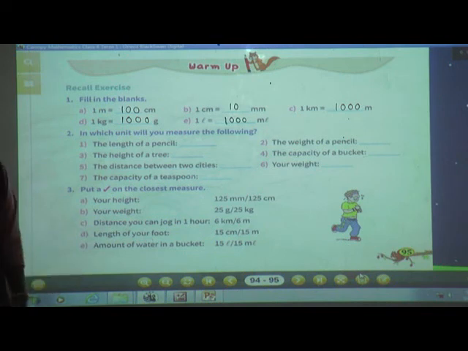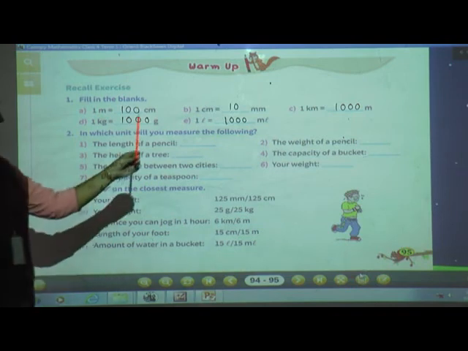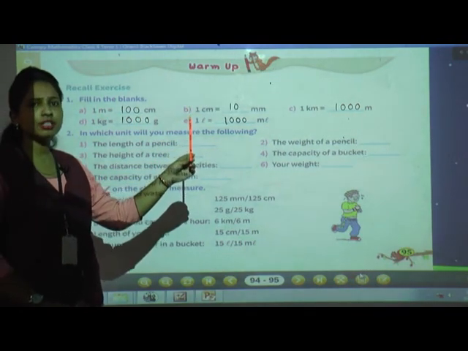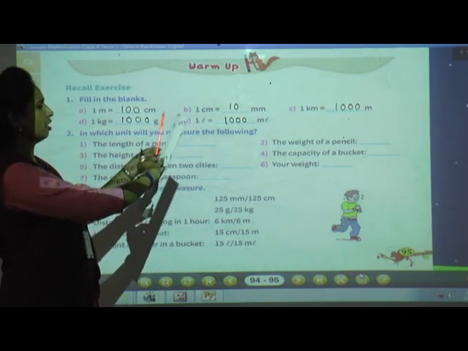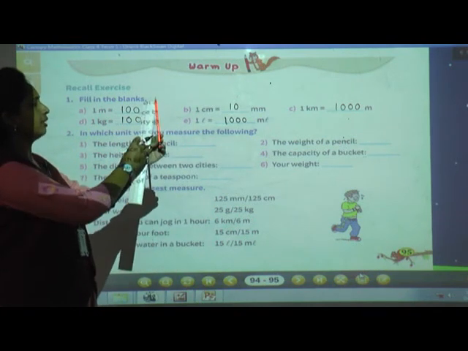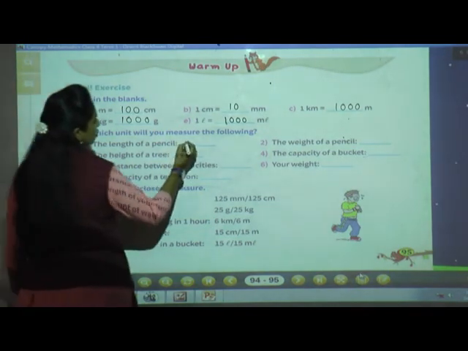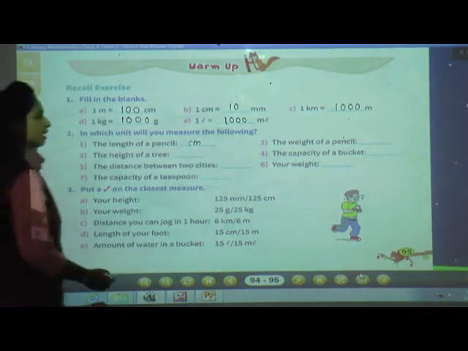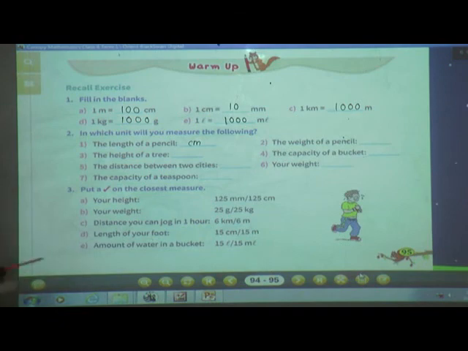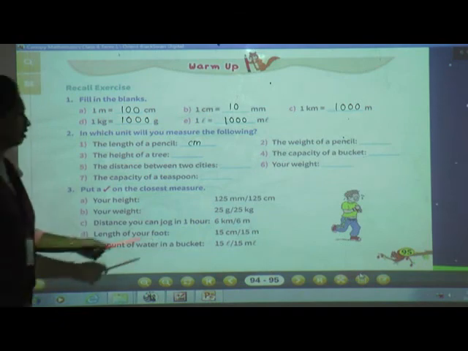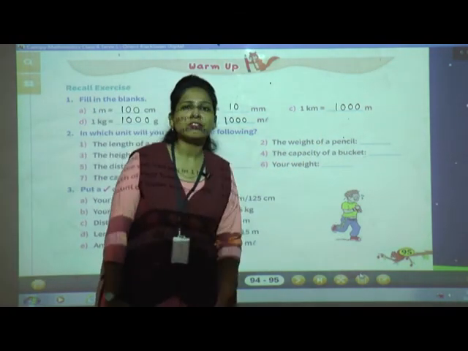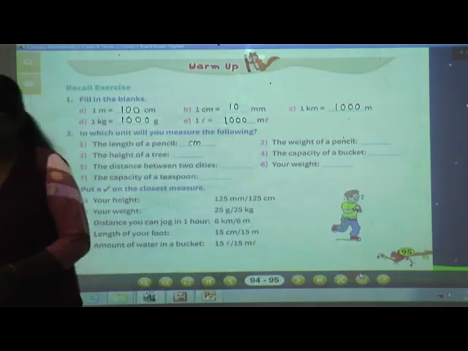Now in the second question, in which unit will you measure the following? Yes, the length of the pencil. See, this is the pencil. How will you measure, students? Yes, you do have a scale, so you will measure and tell how many centimeters it is, isn't it? So use the scale, in centimeters. Yes. What about the weight of the pencil? How will you measure the weight of the pencil?